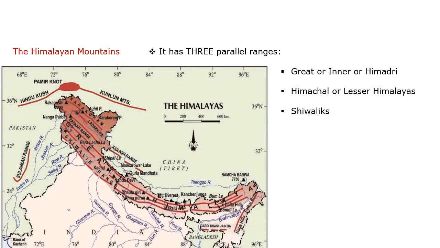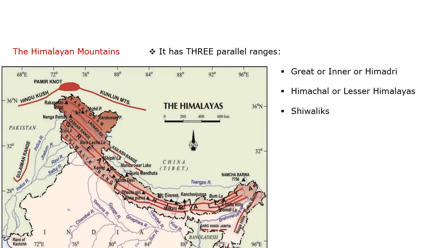For example, you can see the world's highest peak, Mount Everest, and also K2, Nanga Parbat, Dhaulagiri, Kanchenjunga, Makalu, Namcha Barwa, Annapurna, etc. And this Greater Himalayas is made of granite and is completely snowbound. Then, in the descending range of these Himalayas, it is completely covered with glaciers.